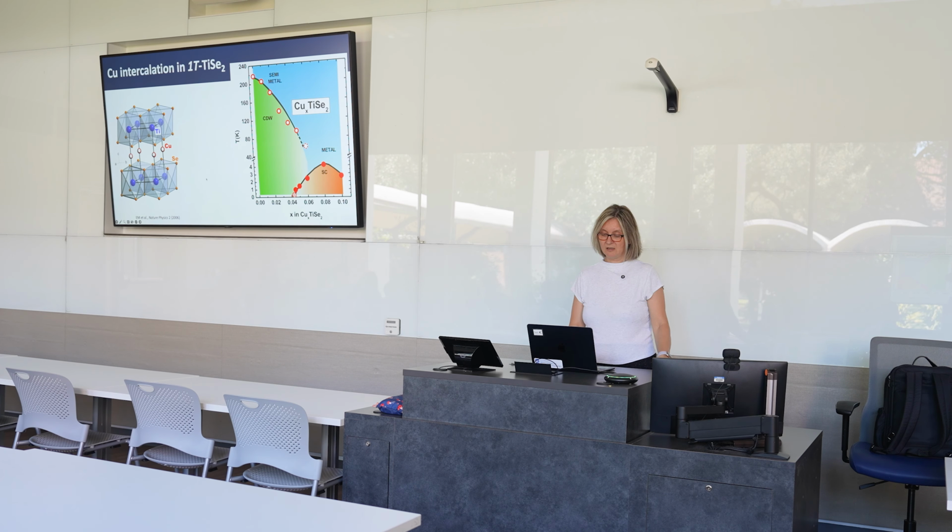But it's a striking change of both the charge density wave and the superconductivity with intercalation. And to your question, the charge density wave still persists even when we have some atoms in the van der Waals gaps, right? It only goes away at about 6%. Maybe if we extrapolate this, I suspect that it goes away close to the peak of this dome. So perhaps there's some correlation between where the charge density wave disappears and where the temperature is maximum. That's not something that I understand at the moment.